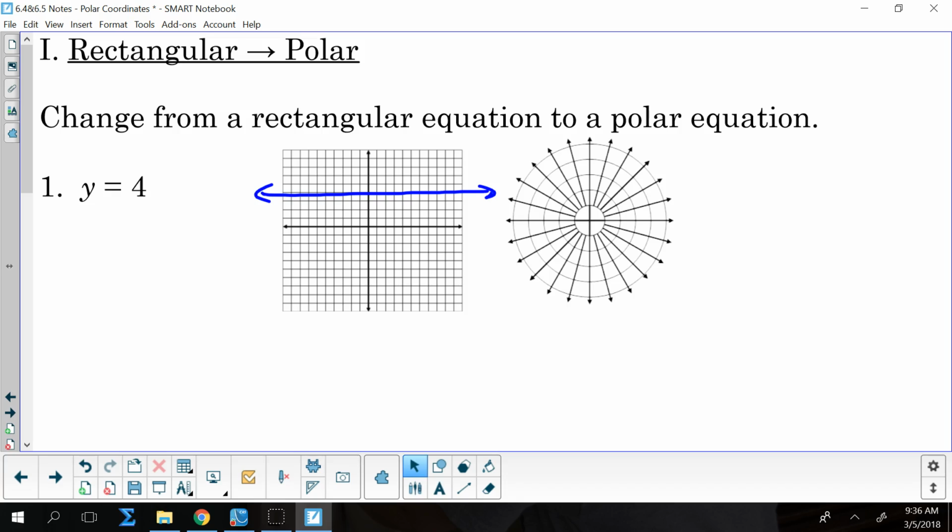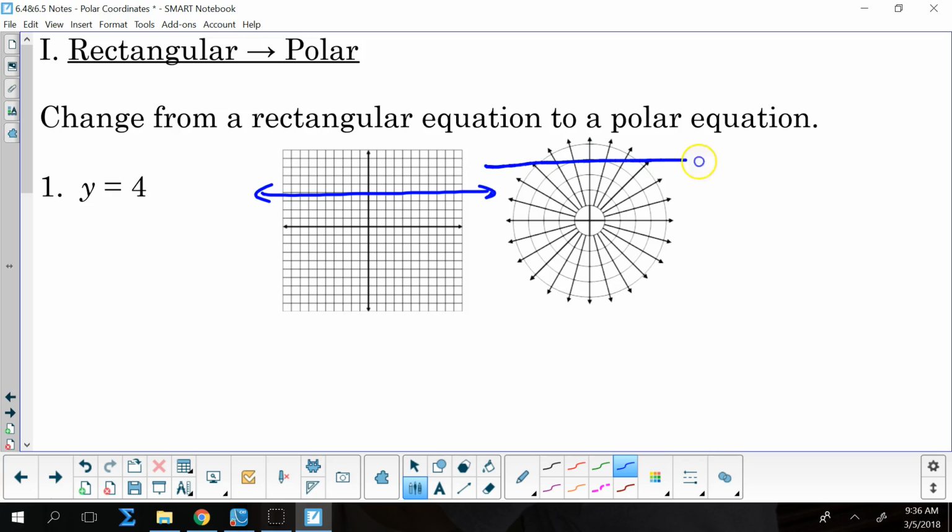If it looks anything else other than a horizontal line 4 up from the origin, we've done what to our problem? We've changed the problem. So when we graph it, it had better look like 1, 2, 3, 4.